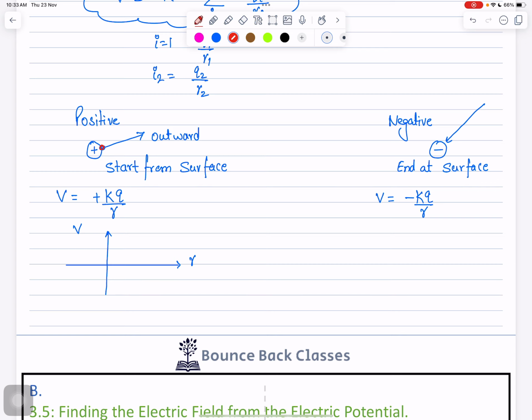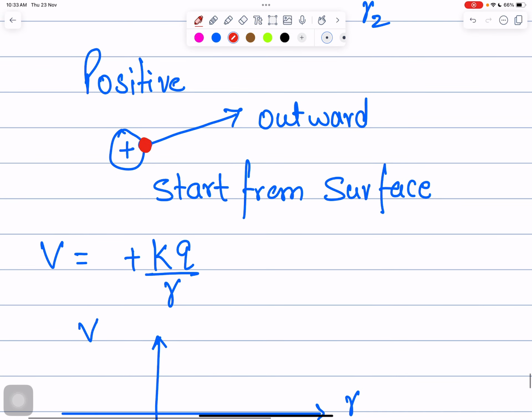In a positive charge, you have the maximum value here, at the point of beginning, maximum V. And when we go towards infinity, that is your minimum value, minimum V, which equals 0. Do you understand?